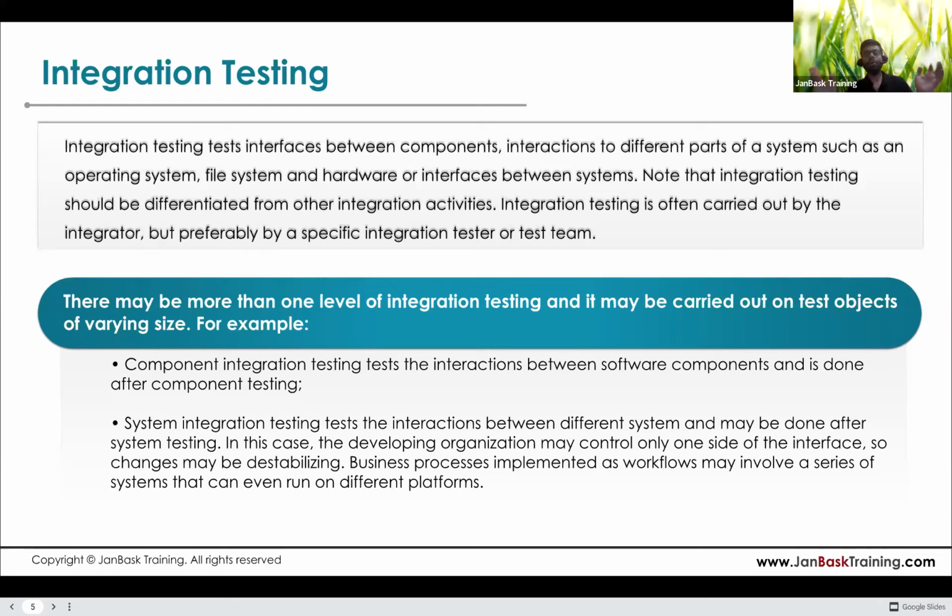It might happen that our whole system has 10 modules, but we are using iterations or the incremental model, and we have only 3 or 4 modules ready. Shall we wait for all the 10 modules to get ready and then do our integration testing? No, we'll test these 3 modules, so that if we get some bug after their integration, those can be fixed, rather than waiting for all 10 modules to be developed.